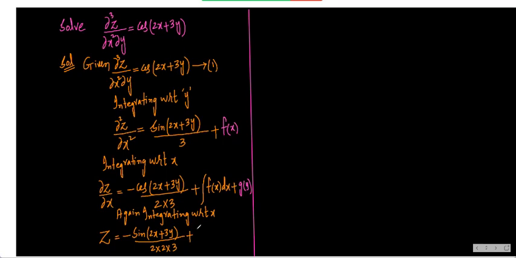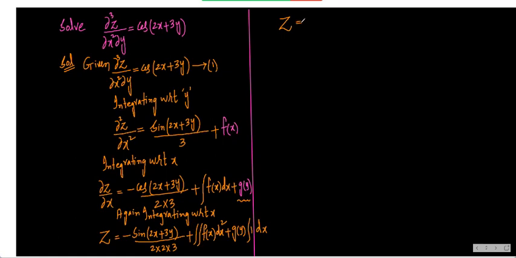Plus, with respect to x, one more integration will come: the double integration of f(x) dx becomes dx square. Plus we are integrating with respect to x, g(y) is a constant, so g(y) outside, integration of 1 dx. Finally, your answer is what?